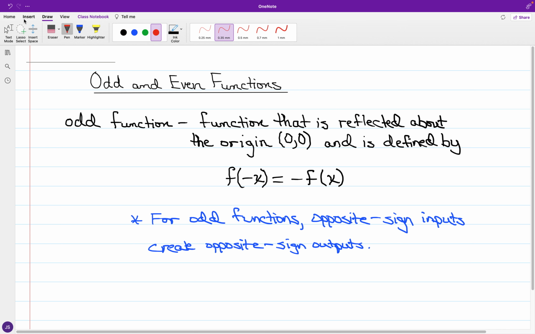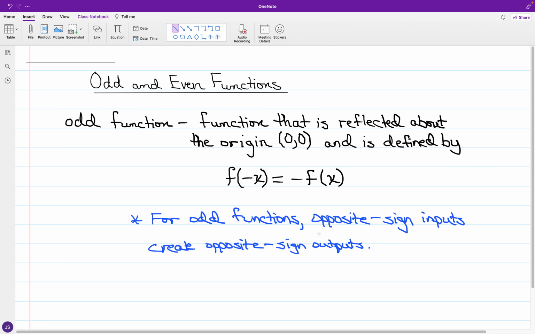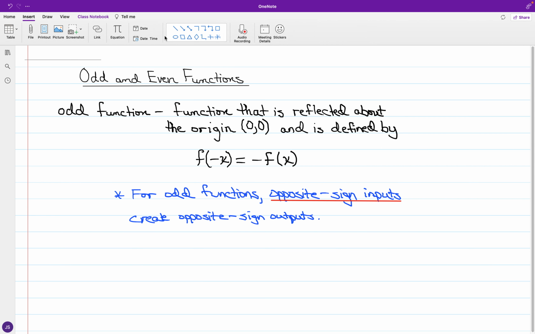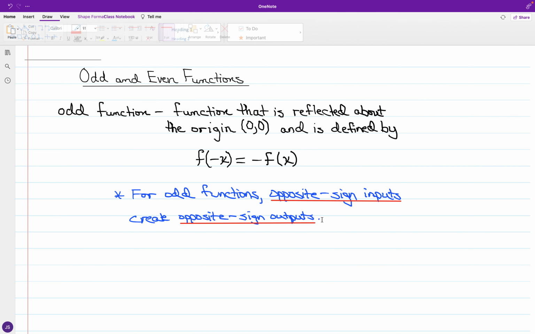And I'll just stress this. Again, opposite sign inputs are going to create opposite sign outputs.